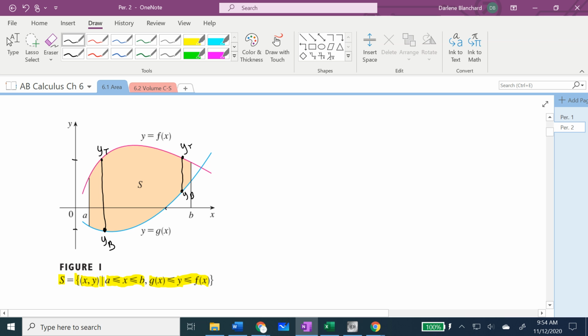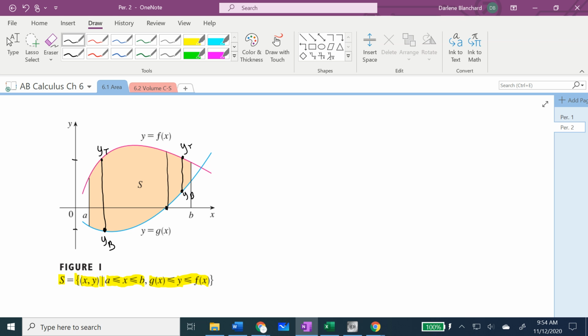At the moment where one of the functions crosses the x-axis, if you at that moment looked at what is y top minus y bottom, you would just get the y top. So I want to point out to you that it doesn't matter where the graphs themselves are located as far as the x-axis is concerned.